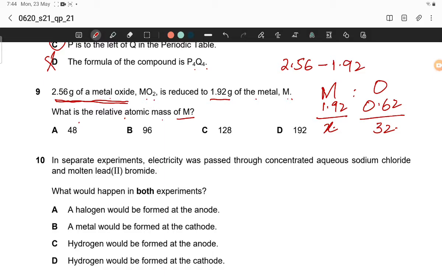So 1.92 multiplied by 32 is equal to, divided by 0.62.